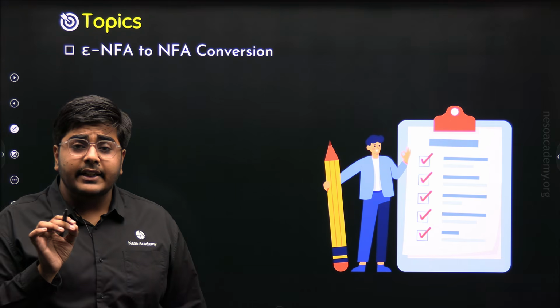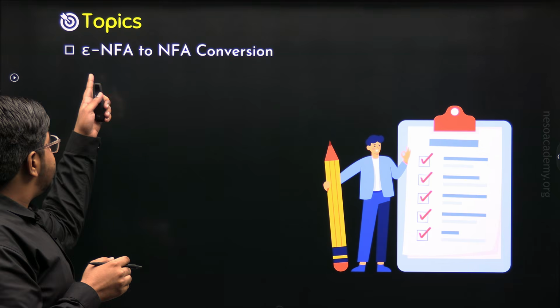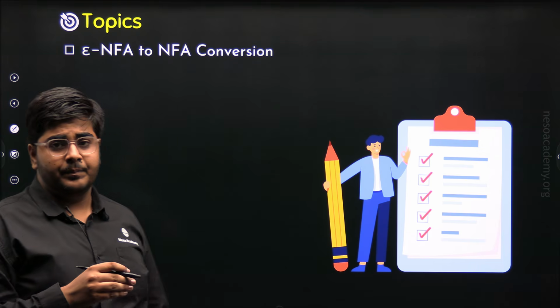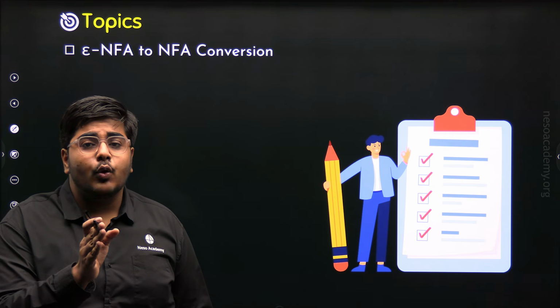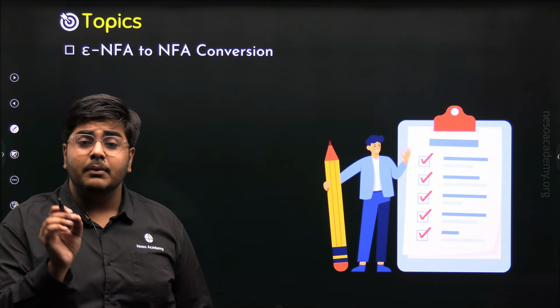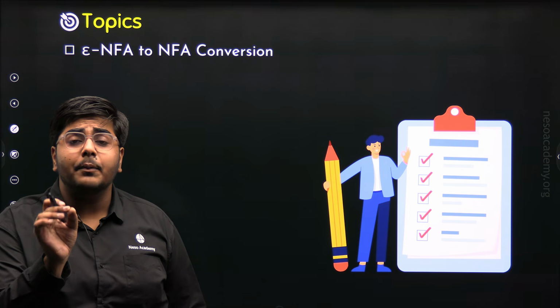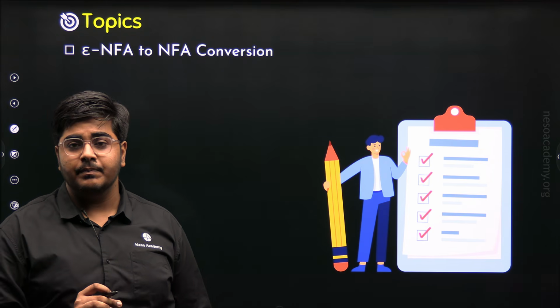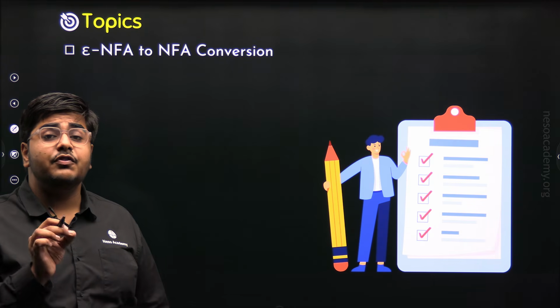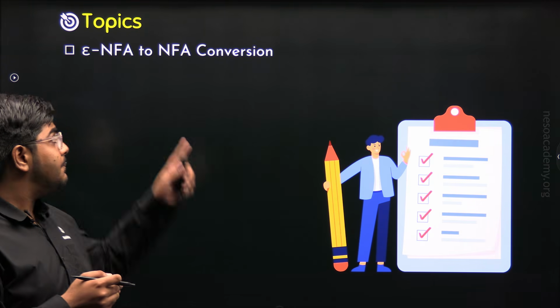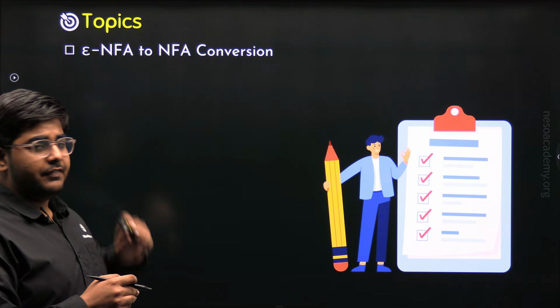But why is there a need for converting an epsilon NFA into NFA? I have told you that our ultimate goal is to get a DFA because DFA is used for practical implementations. Now, if we are given an epsilon NFA, then first we need to convert that epsilon NFA into NFA.